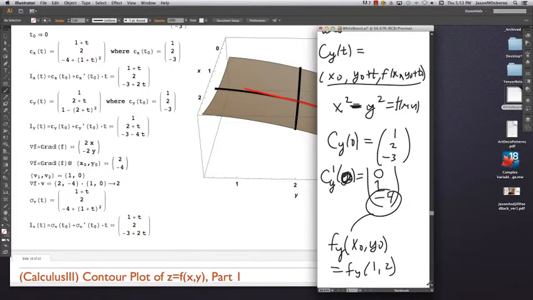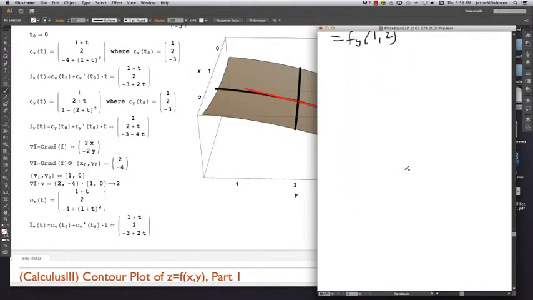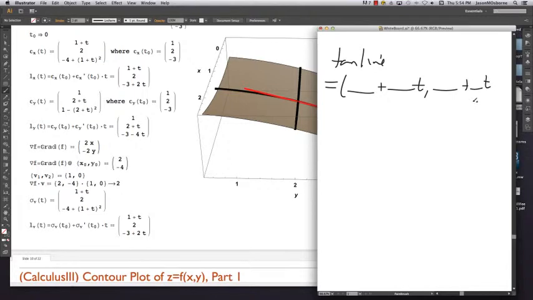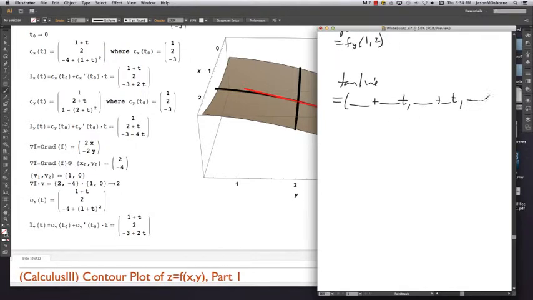You can think of your tangent line as having a lot of entries to fill in. Maybe I should make this a little smaller. Okay, these are pluses, by the way. I got to be careful with my t's.